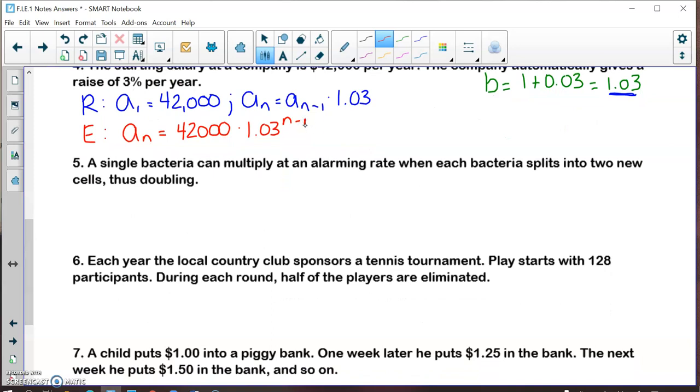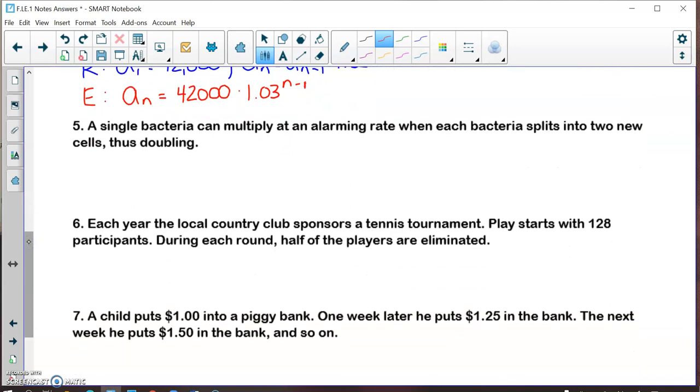Number 5, a bacteria can multiply at an alarming rate when each bacteria splits into 2 new cells, thus doubling. So we start with a single bacteria. A single bacteria splits into 2, and then those 2 split into another 2, so that's 4. So we're doubling here. We're not increasing by a percentage, so your rate of change would be 2 because we're doubling, and this is more like an exponential function because we're multiplying by 2 every time.